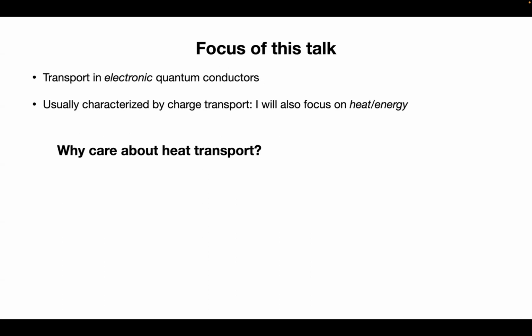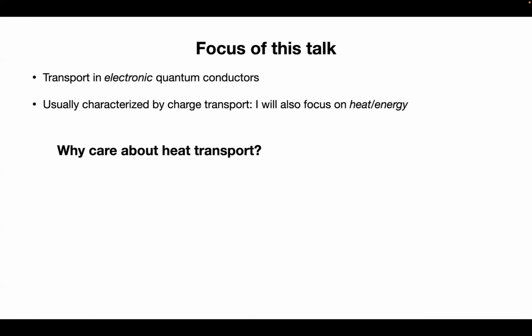And these electrons will carry, of course, charge currents. And that's the usual quantity that people look at to characterize the transport properties of mesoscopic devices. But I will also focus on heat and energy transport.